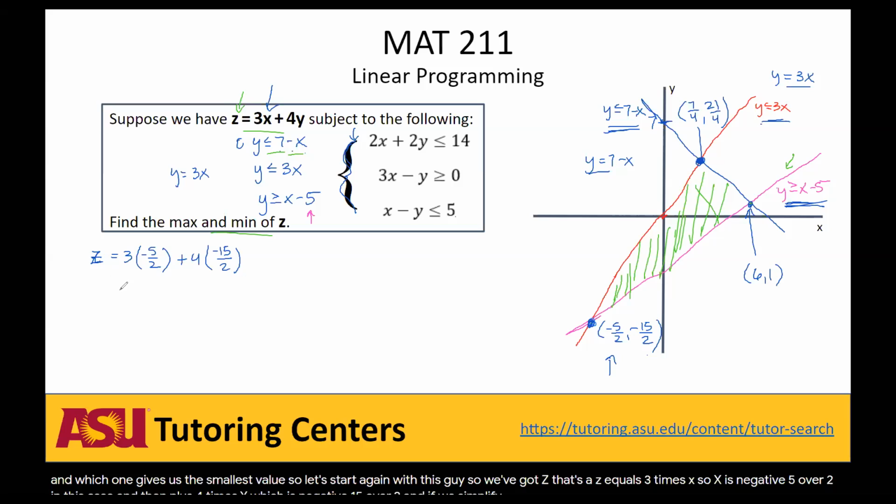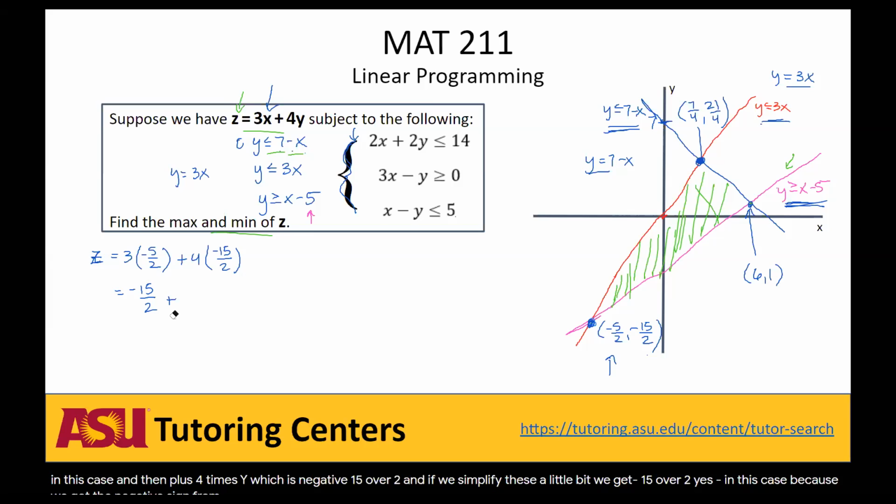And if we simplify these a little bit, we get negative 15 over 2 plus, well, minus in this case, because we got the negative sign from our 15 here. So minus 60 over 2, which gives us minus 75 over 2.